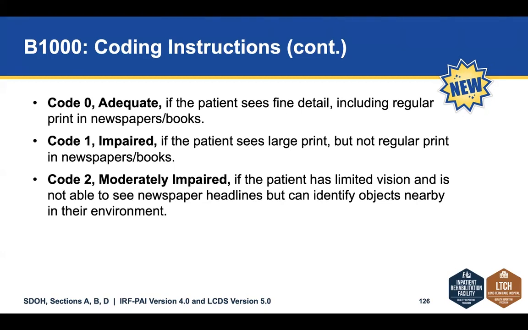The assessor would code 0 adequate if the patient sees fine detail, including regular print in newspaper and books. Code 1 impaired if the patient sees large print, but not regular print in newspapers and books. Code 2 moderately impaired if the patient has limited vision and is not able to see newspaper headlines, but can identify objects nearby in their environment.